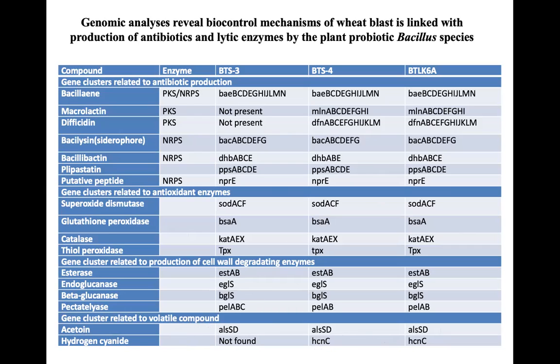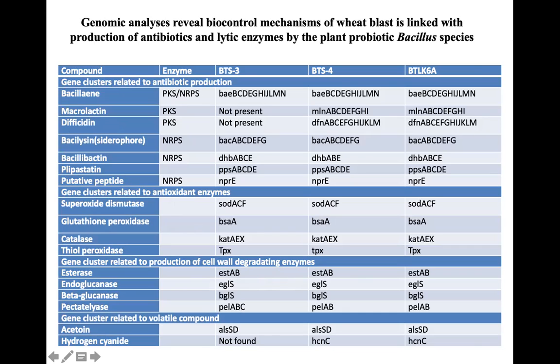It means that these bacteria, by using a non-ribosomal polyketide synthase or polyketide synthase enzymatic pathway, can produce lots of secondary metabolites, and they also produce antioxidant enzymes, cell wall degrading enzymes, and some volatile compounds.